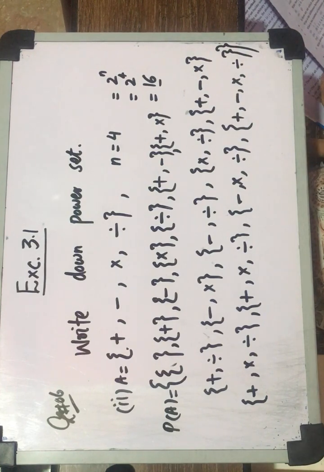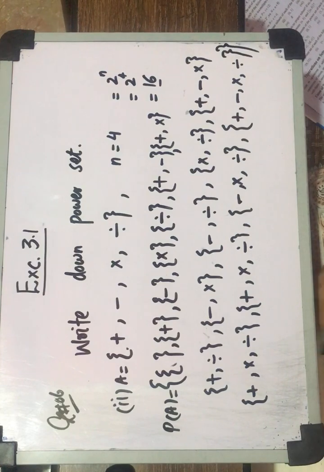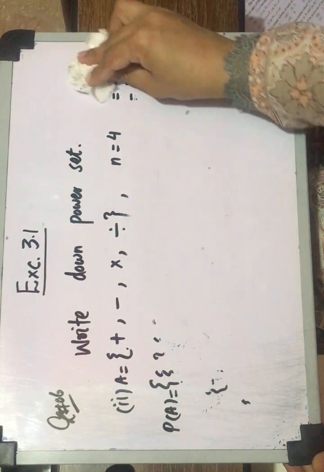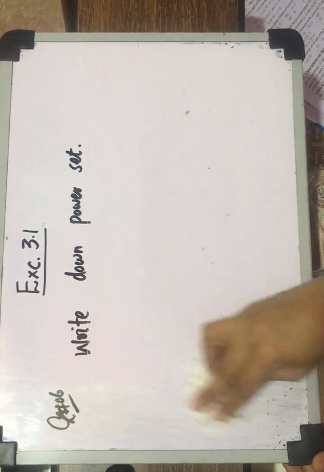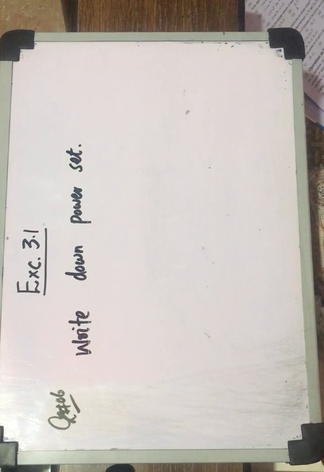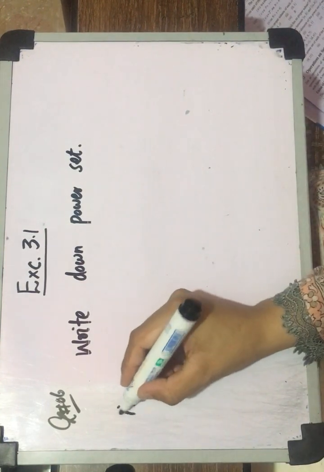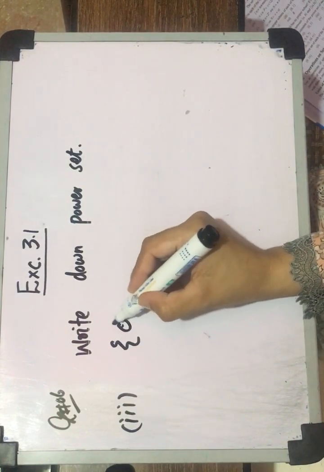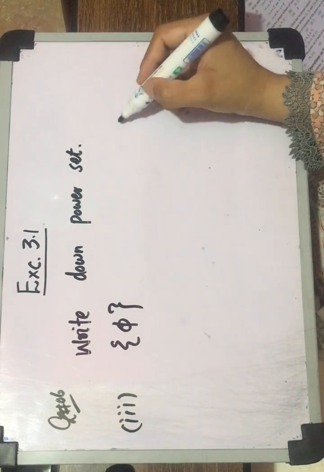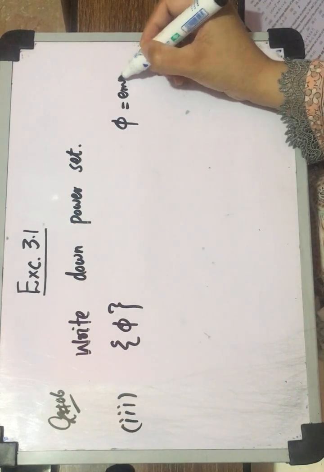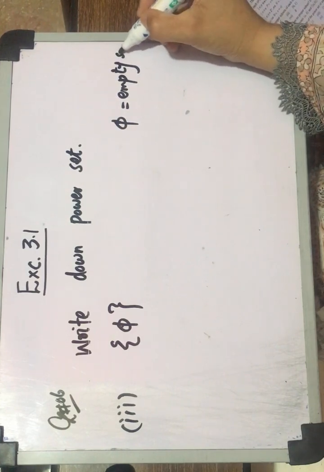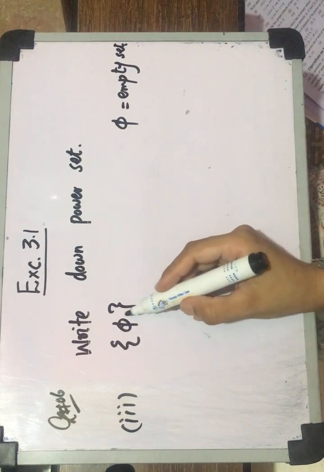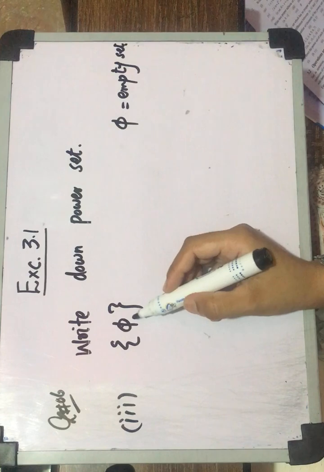Okay students, now we have another part, number 3. In part number 3 we have only an empty set. This is the representation of an empty set. For this set, first of all, how many elements are in it?